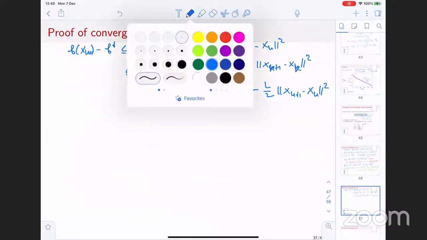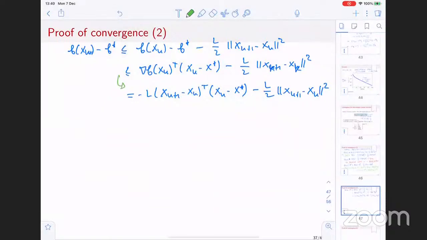You should see why this is true. This is because, remember, xk plus 1 minus xk is equal to minus 1 over L times the gradient of f at xk. This is the iteration rule, and I've just done the replacement in here.